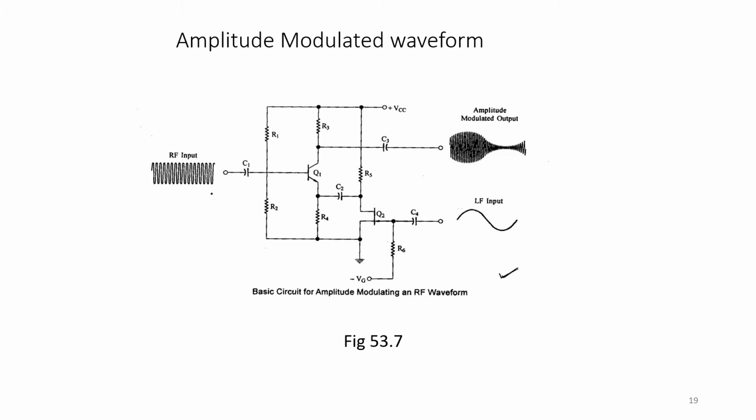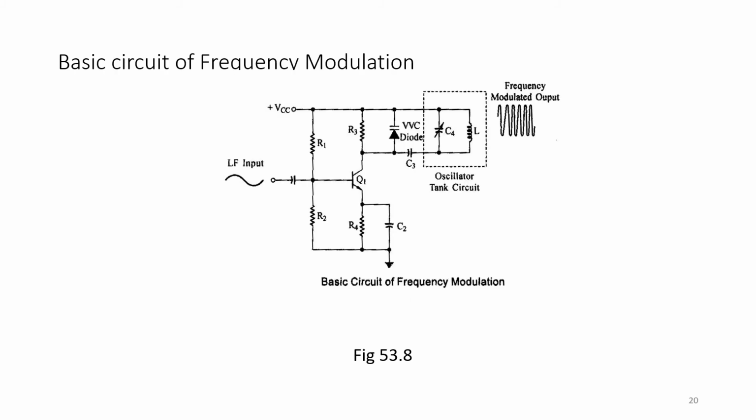This amplitude modulated signal we can obtain at the output of the RF signal generator. Similarly, this is a frequency modulated circuit. Here also we have a carrier frequency which is provided by the RF oscillator with the modulating signal as LF input. Then you get a frequency modulated output as shown in this figure.